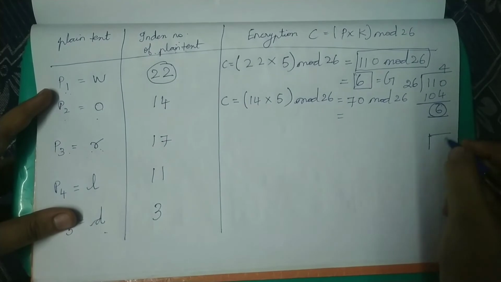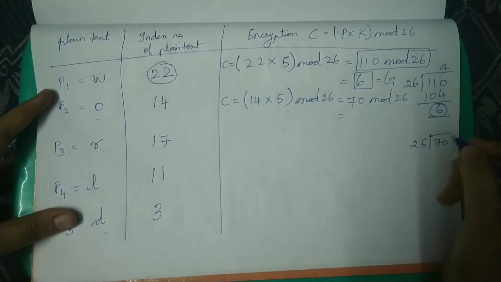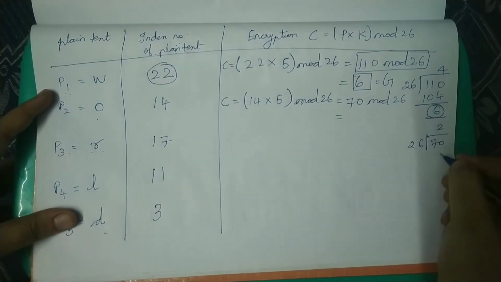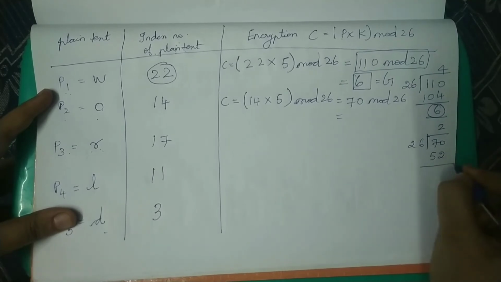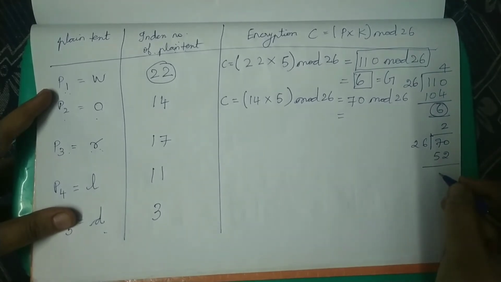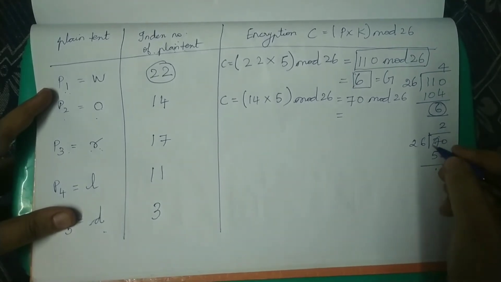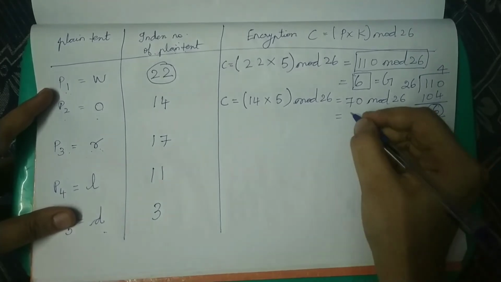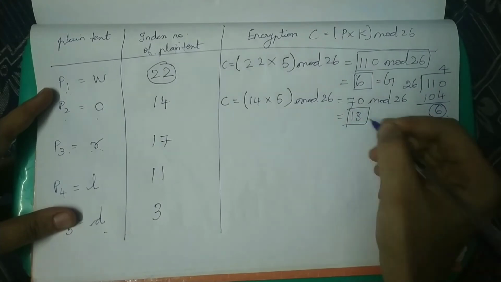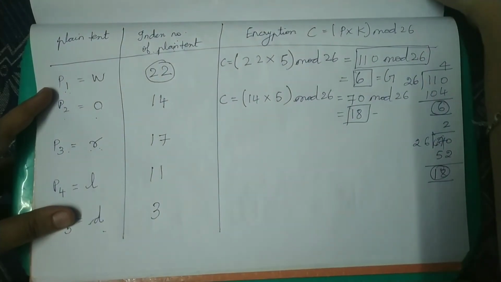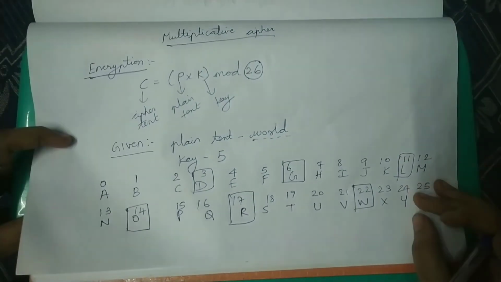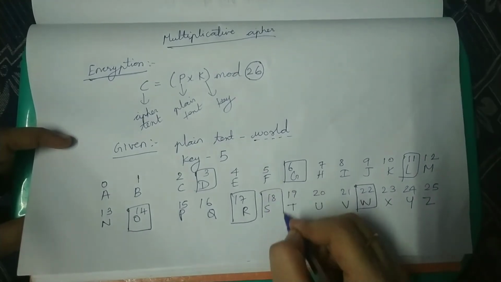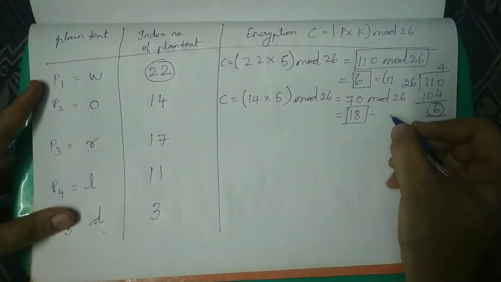When I divide 70 by 26, it will go 2 times, so 52. I'll get the remainder as 18. So that is the answer. The corresponding alphabet for the number 18 is S. So I should write S over here.